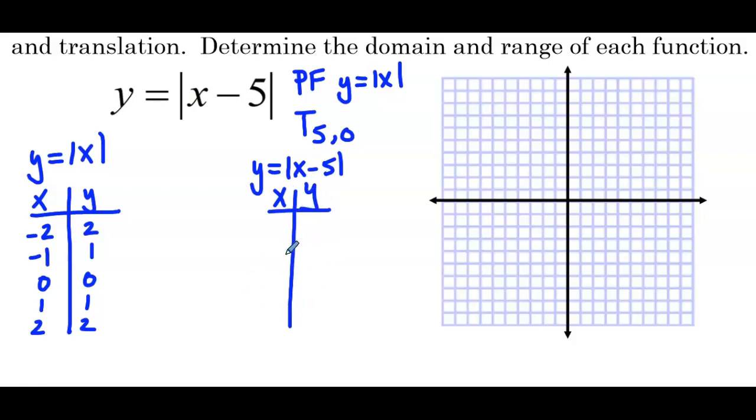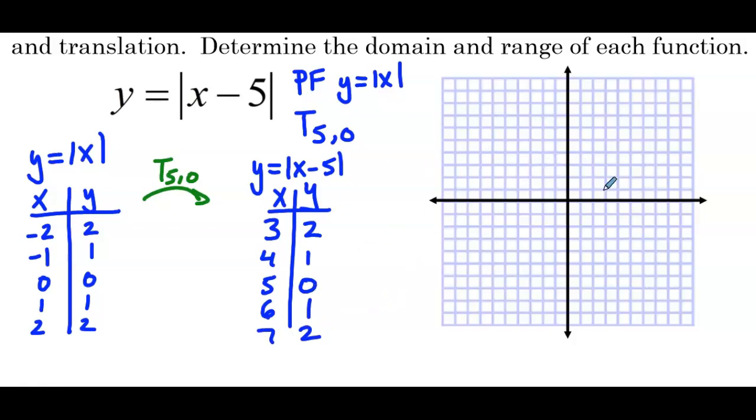The way we're going to find the points for this translated graph is we're going to apply that translation of 5, 0. So we'll add 5 to each x coordinate, 0 to each y. So that gives us 3, 2, 4, 1, 5, 0, 6, 1, 7, 2.